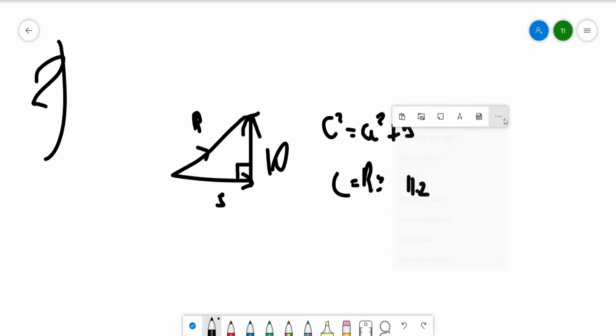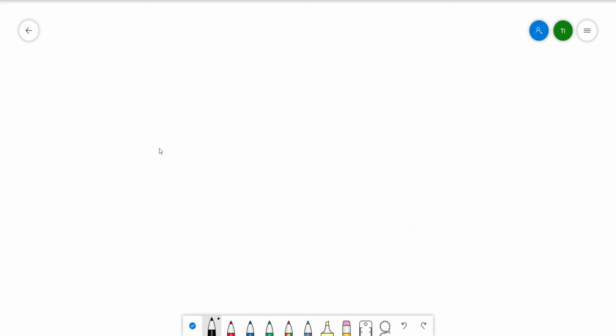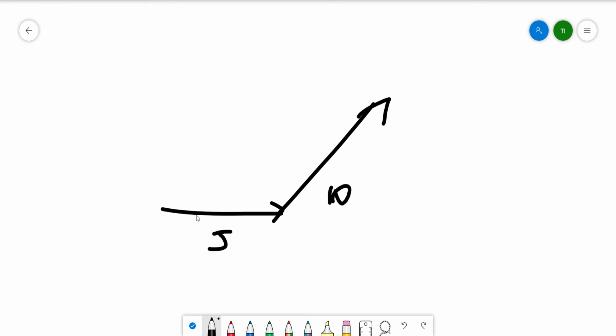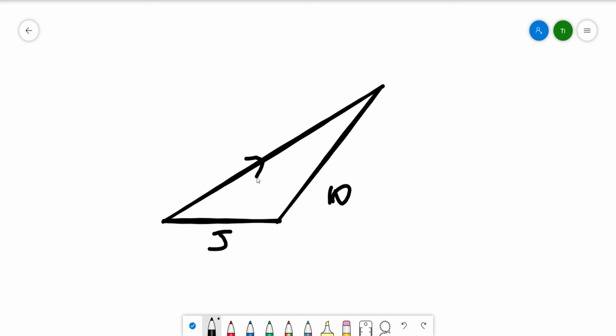However, you don't always get perpendicular forces. What you could get is a force like this. Now, first you have to check if it's head to tail, and this is 5, and this is 10. First you have to check if this is head to tail, and yes, it is. And then you have to draw a resultant vector, like this.